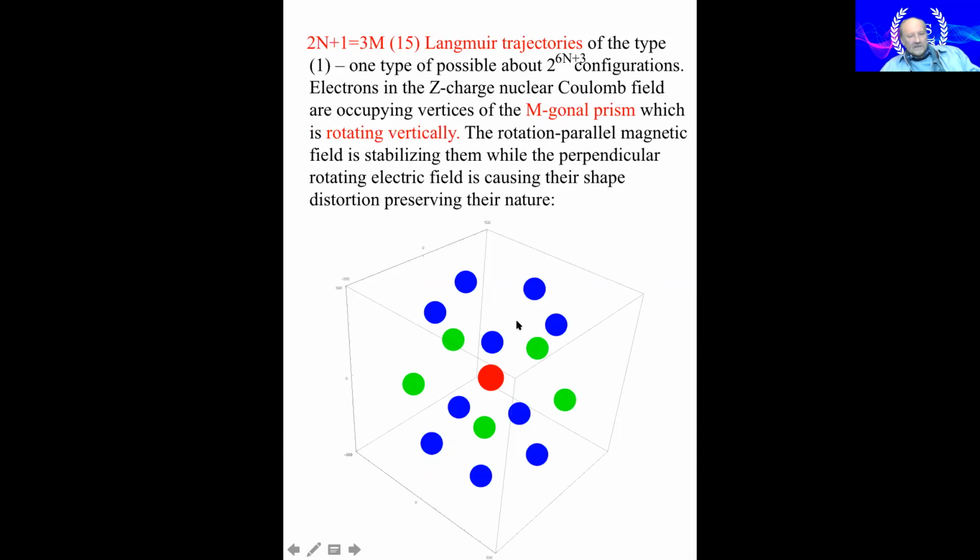And for the case I'm discussing here, if you have an odd number of electrons, then you basically factorize the number of electrons.